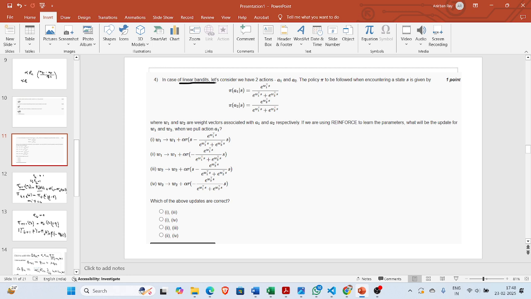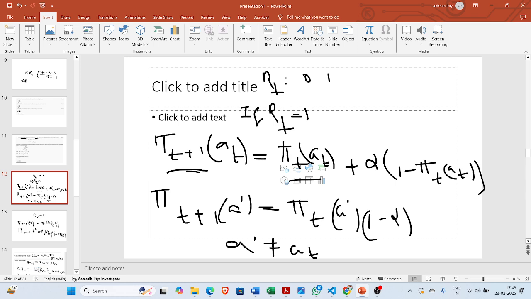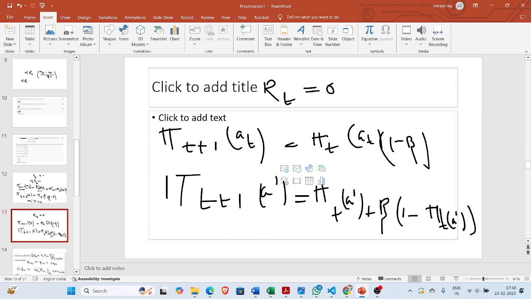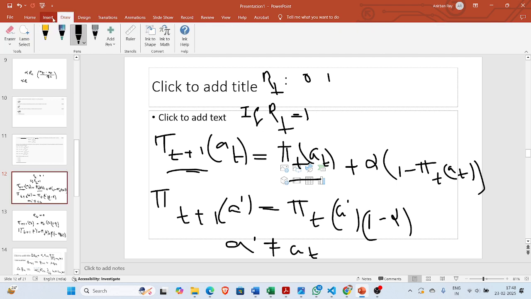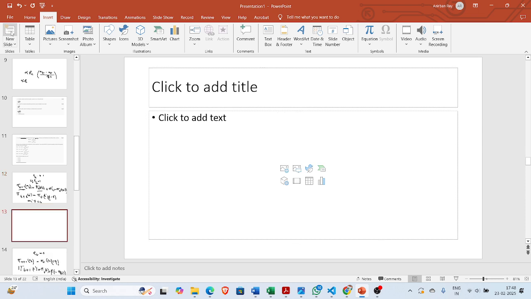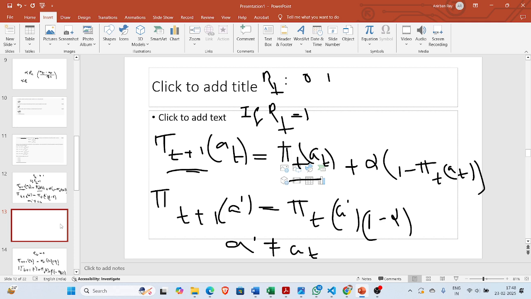So now what you're given is a linear bandits case. What that means is that alpha equals beta, and there are two actions, a1 and a2. And this pi definition is this. So if these are equal, what we get here is this, and for our situation we can directly use it.